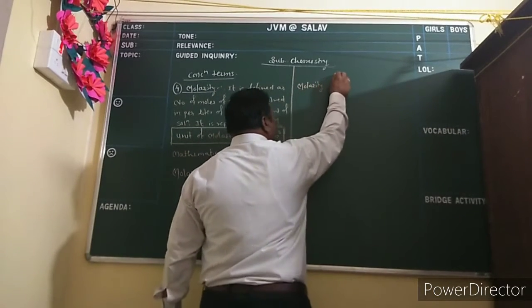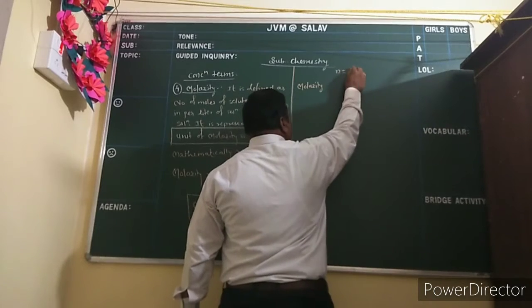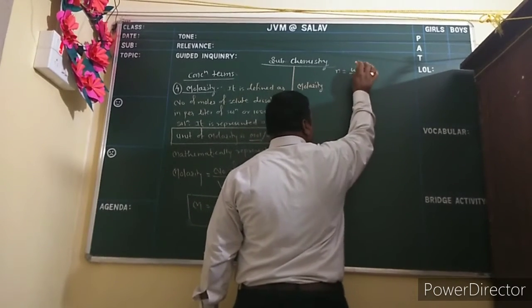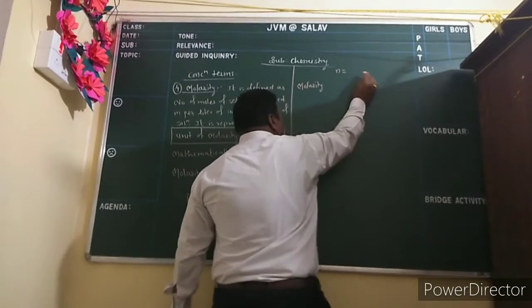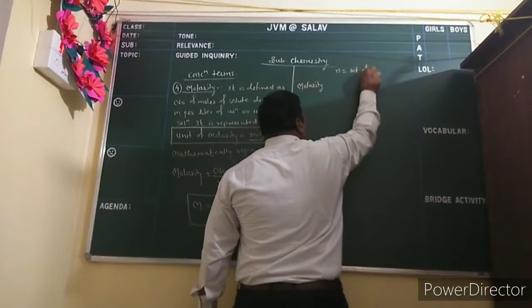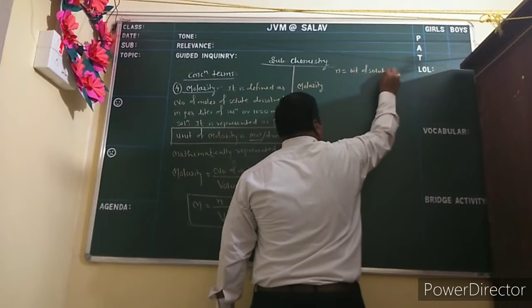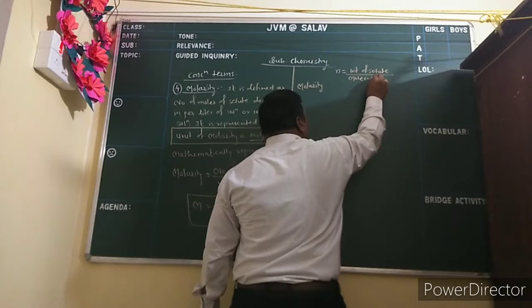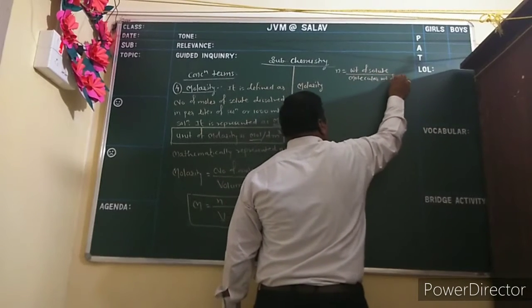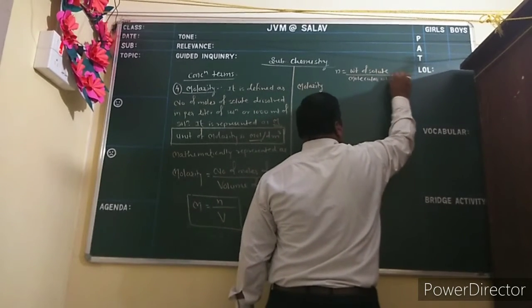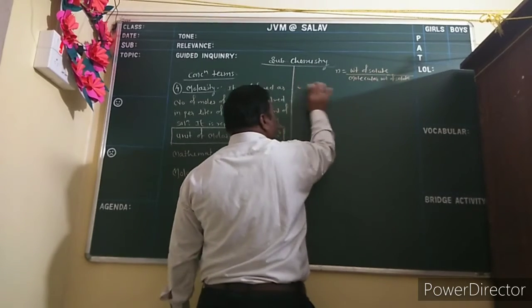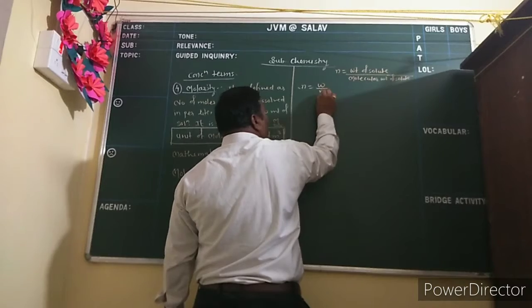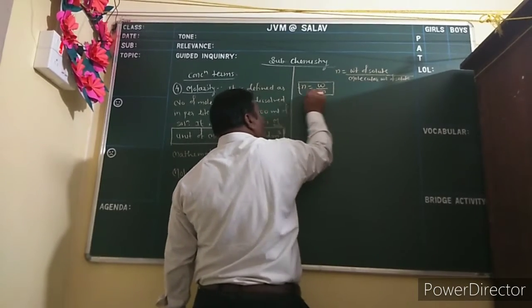You know very well, small n is equal to small w upon small m, that is weight of solute upon molecular weight of solute. Is it clear?